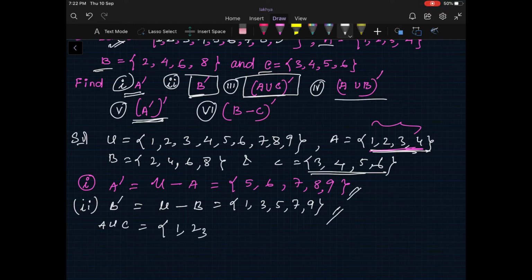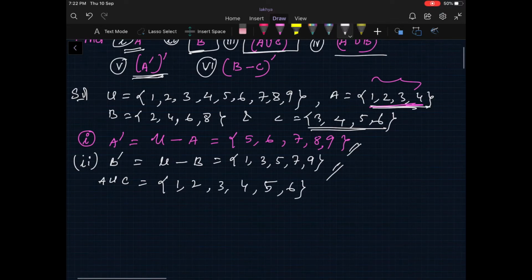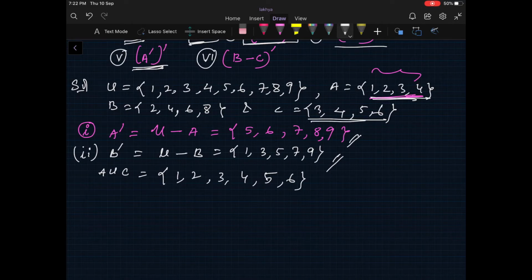So A union C will be 1 2 3 4, then 5 and 6. So this is A union C.